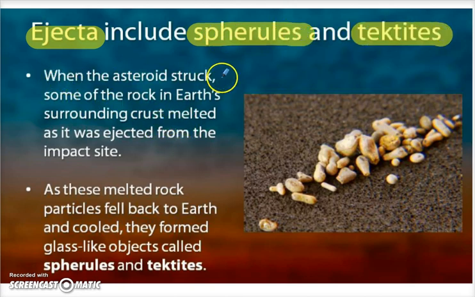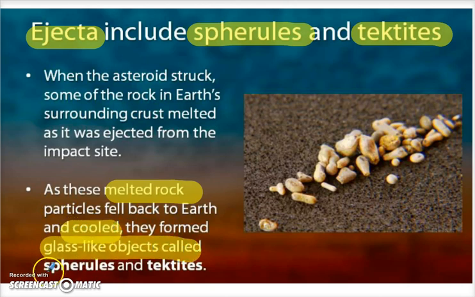The idea is that when an asteroid struck, some of the rock in the Earth's surrounding crust would have melted, right? You have this gigantic asteroid hitting the Earth's surface and melting the rock that's there. These melted rock particles would have fallen back to Earth and cooled, forming glass-like objects called spherules and tektites.